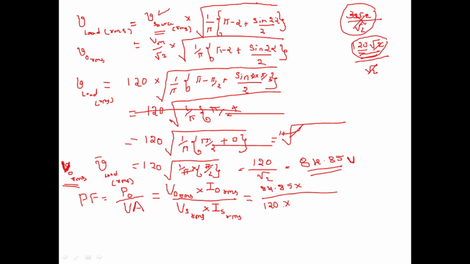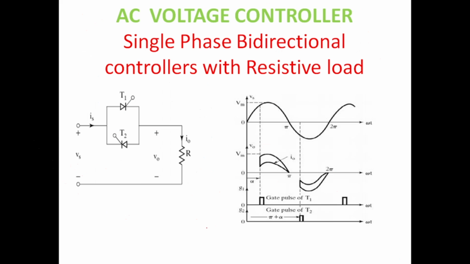Now I need to think about I0 RMS and IS RMS, the load current RMS value and source current RMS value. I will go back to my circuit. See here.